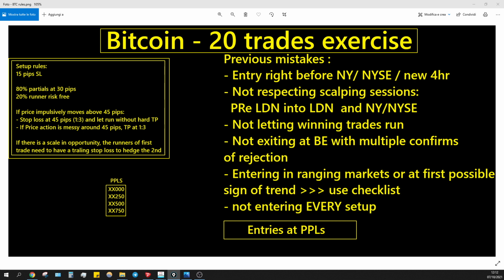As always, we're going to use a checklist to avoid rookie mistakes like the ones I did in the previous ones.